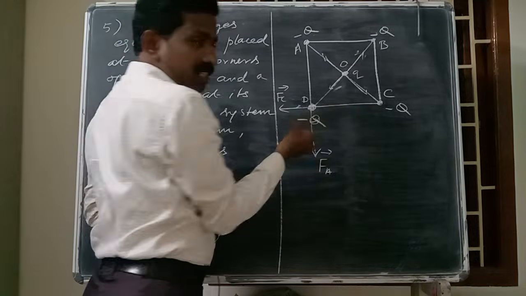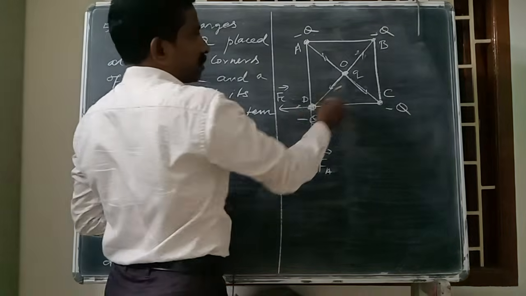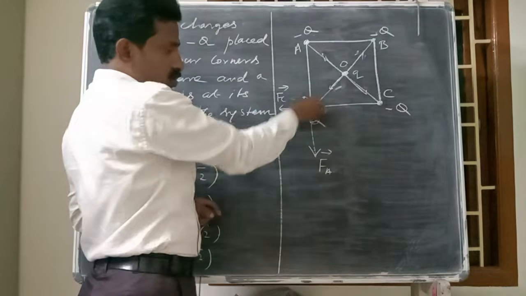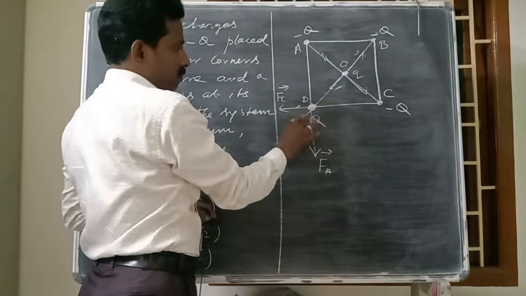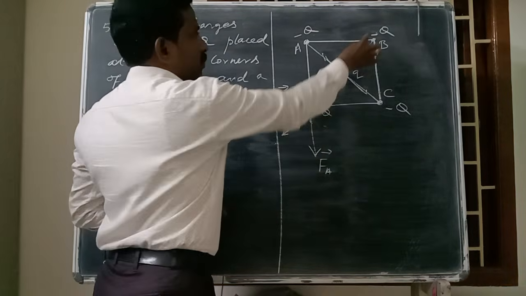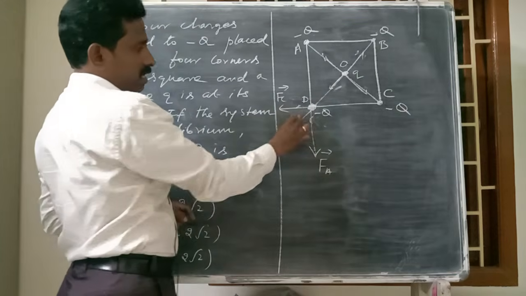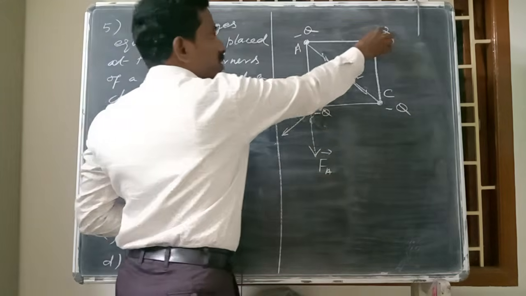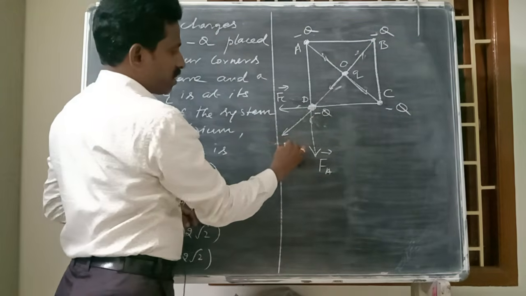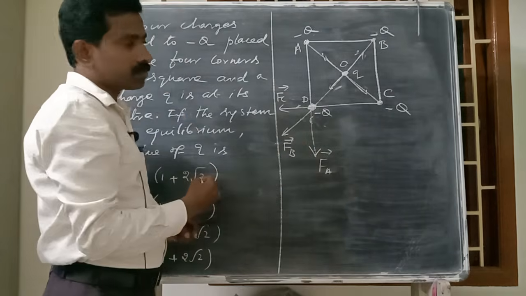And in this direction, this minus q will push this minus q, that is the force due to the charge placed at B, so FB vector.